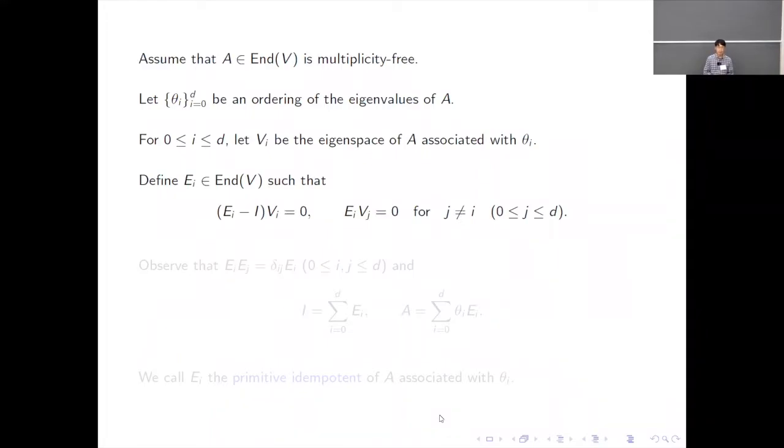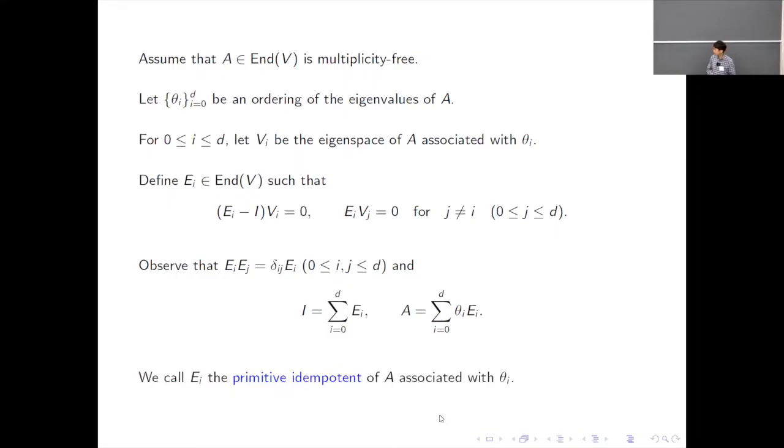In other words, E_i is the projection onto the space V_i. We easily see that E_i E_j is delta_ij E_i, the sum of all E_i is the identity element, and A is the linear combination of the E_i with eigenvalues theta_i. Call this E_i the primitive idempotent of A corresponding to theta_i.